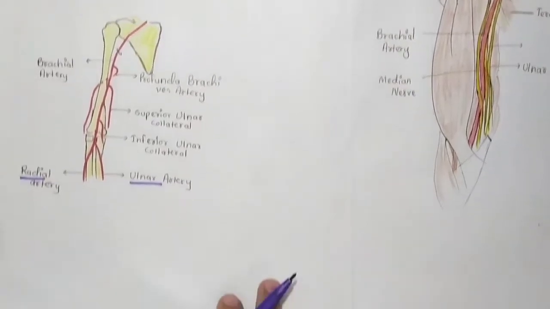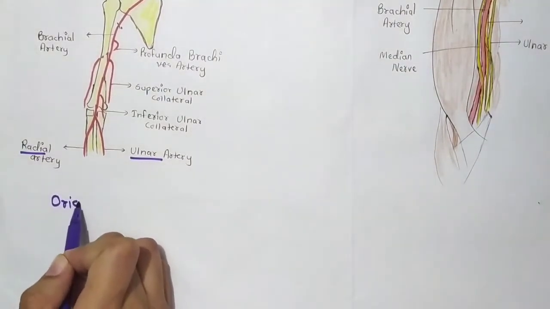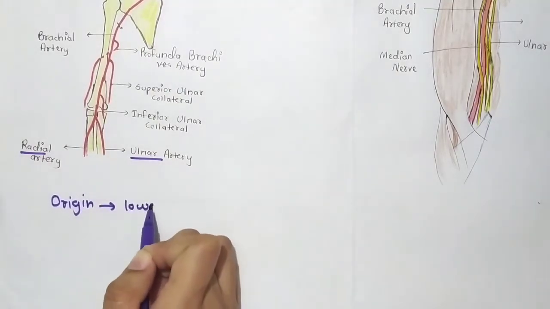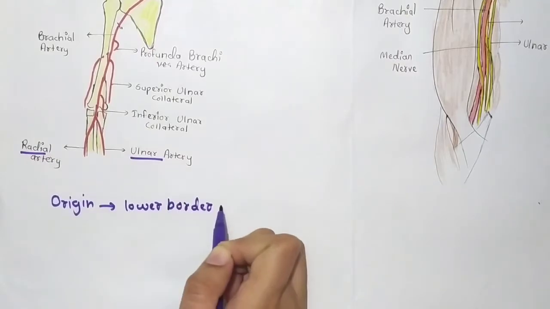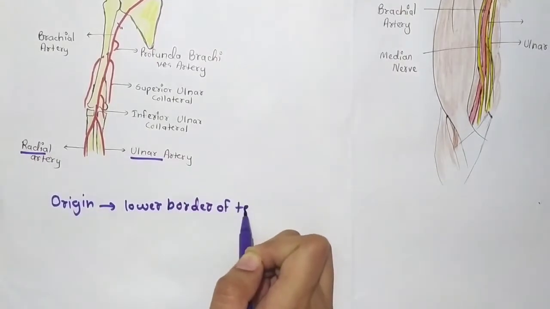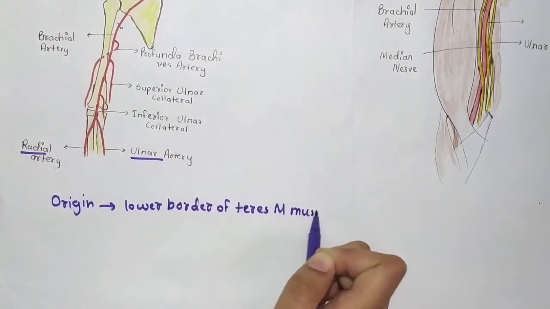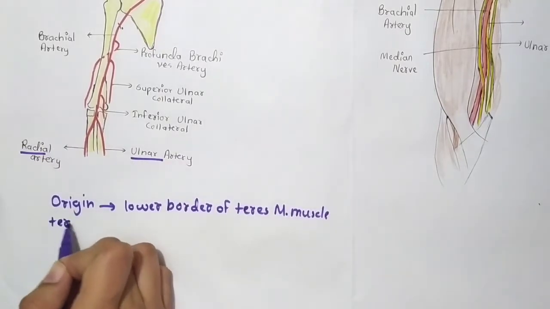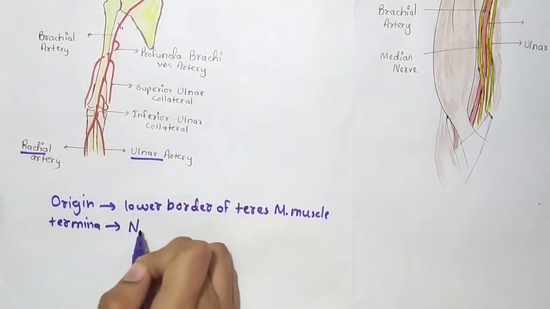So its origin is from the lower border of the teres major muscle, and its termination is at the neck of the radius bone.